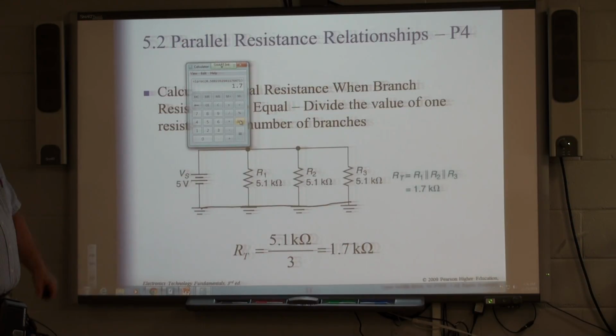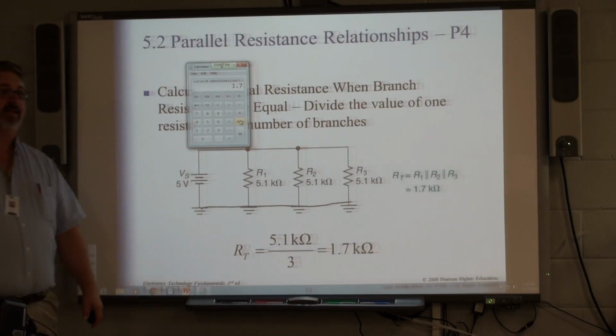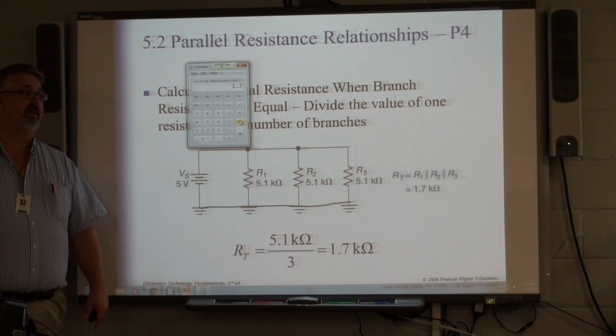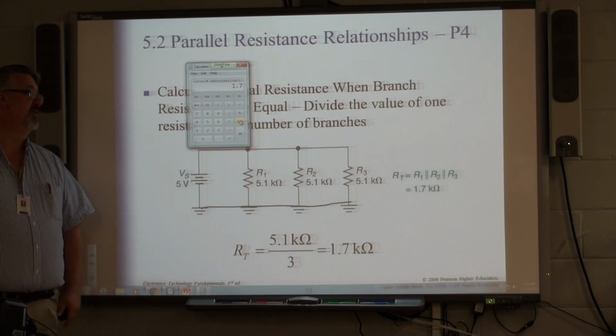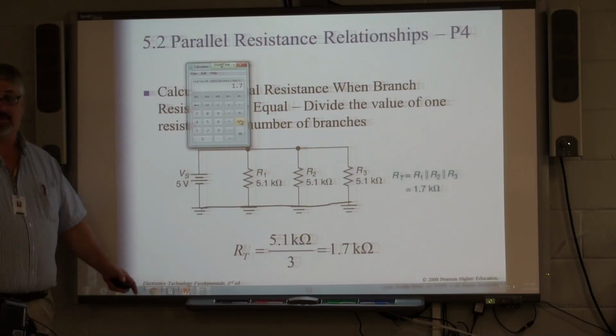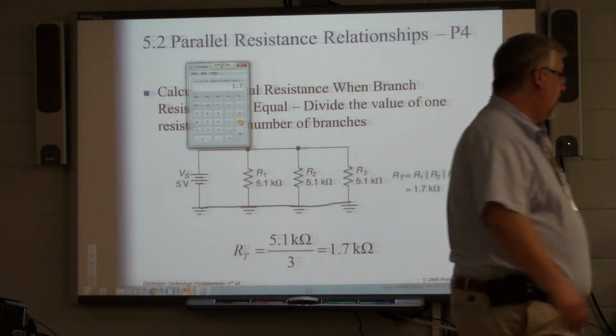So this is just a shortcut method. If I had 10 5.1 Ks all in parallel, I would divide 5.1 by 10, and my overall resistance would be what? 0.51. 0.51K or 510 ohms. 5100 divided by 10, or 510 ohms, or 0.51K, depending on how we want to express it. So we've got the choice.